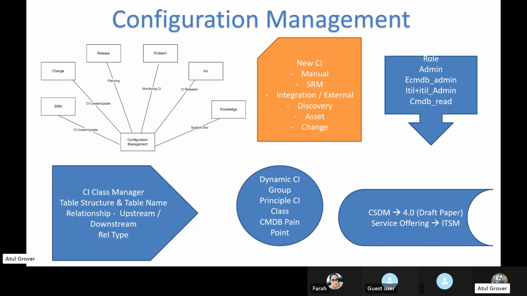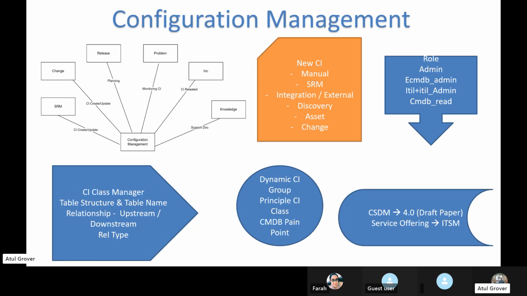This one. Okay, so this is configuration management, this picture, and a similar picture you will get in each module to understand how one module is interrelated with, or is using, or is used by other modules.